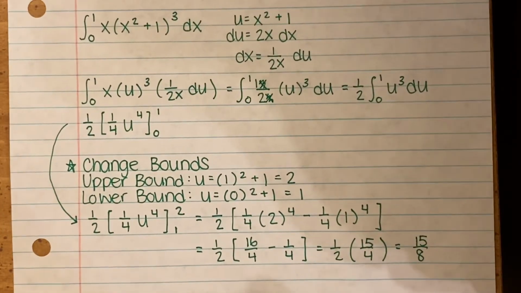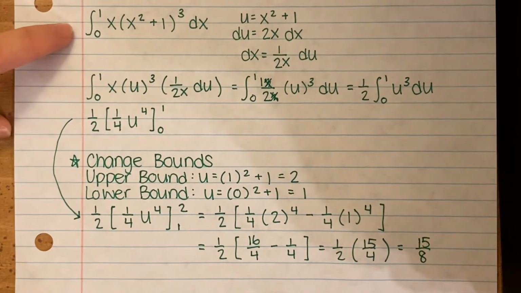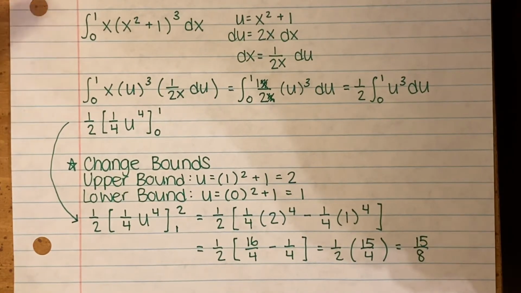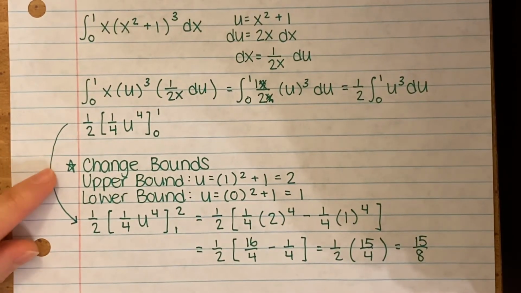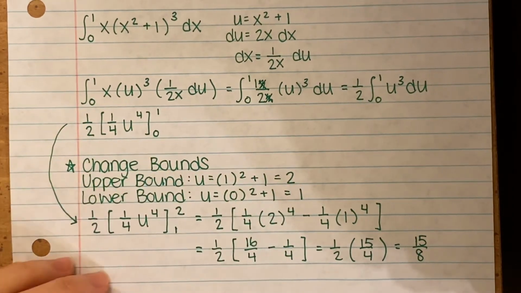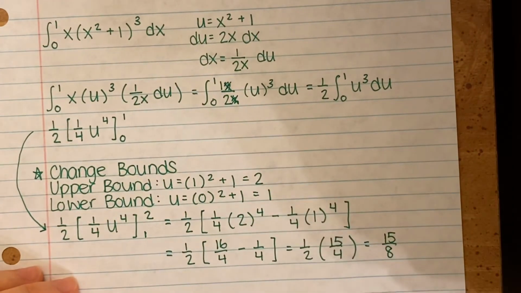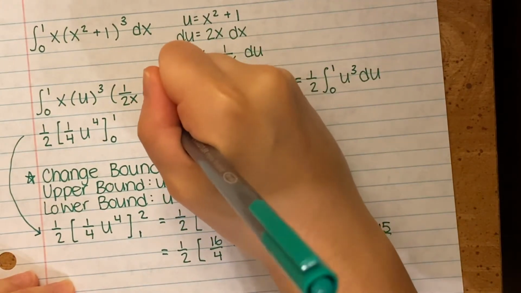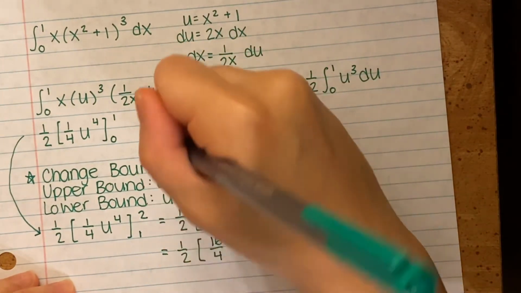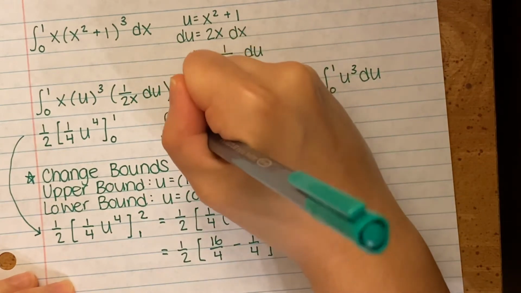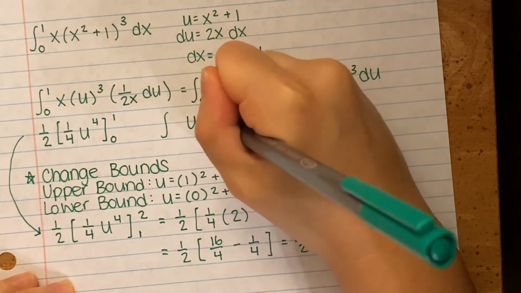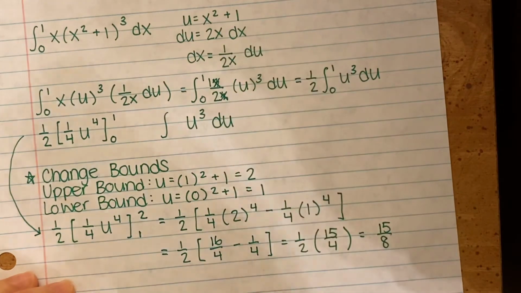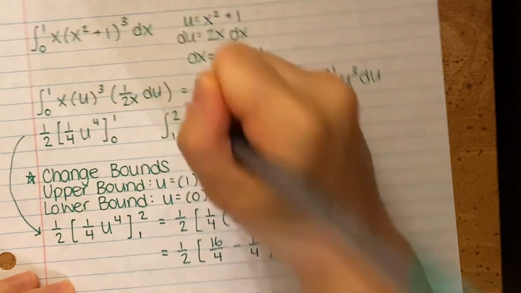Okay, and that's our answer to this definite integral here. And what we did was we just changed our bounds. So really we were taking the integral of u to the 3rd power du, but from 1 to 2.